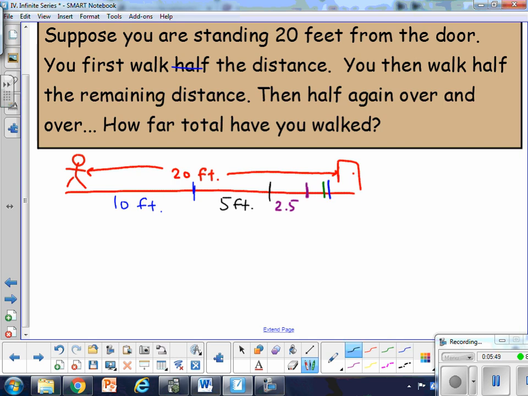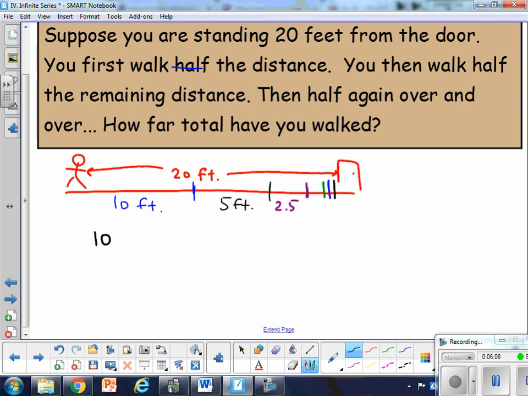The way that makes it kind of a riddle is that you would actually never get to the door, because you would need to walk through an infinite number of points. When you're 1 inch away, you still have to walk half an inch, then a fourth of an inch, then an eighth of an inch. So it's this never-ending set of terms.